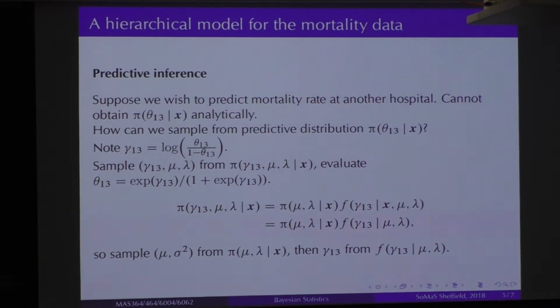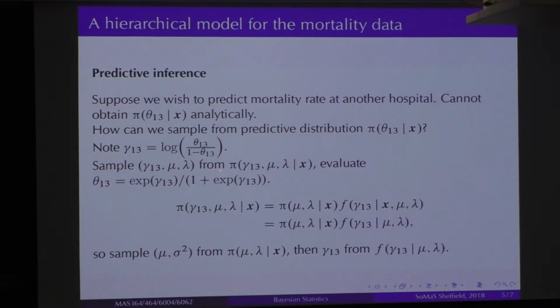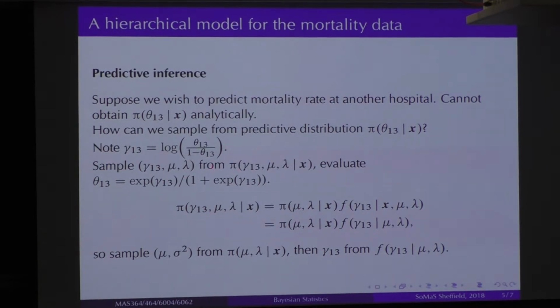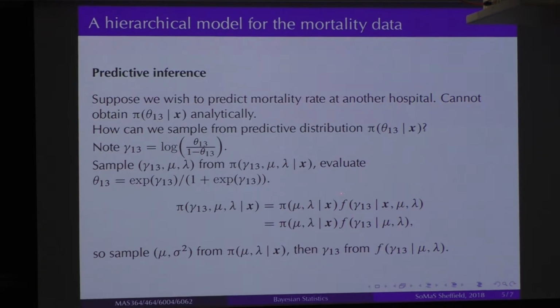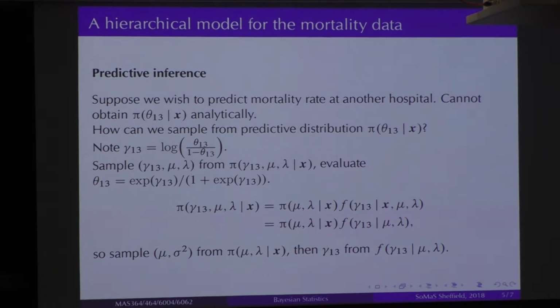So one way I can do that is that, remember, I'm doing everything in terms of the gammas, okay? So if I have a sample of mu and lambda, I can generate a sample from the distribution of the gammas, because I'm assuming that they come from the same population.